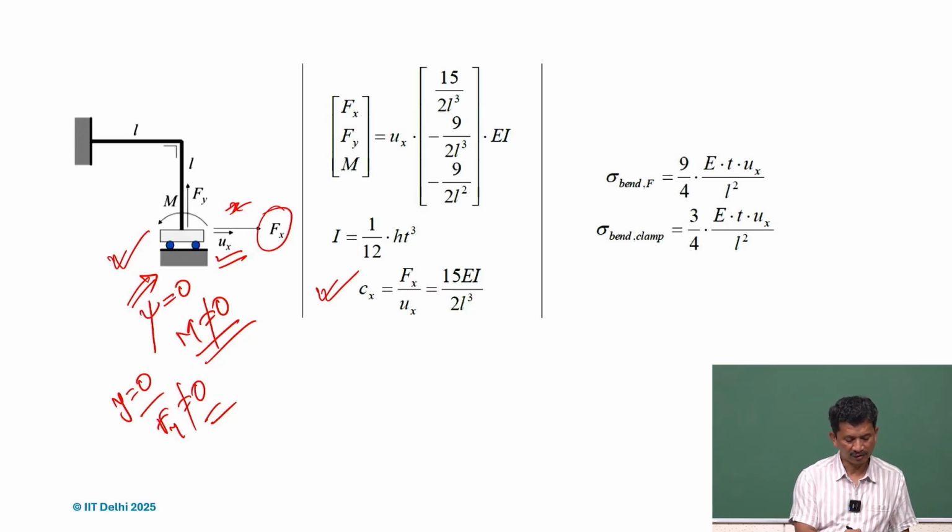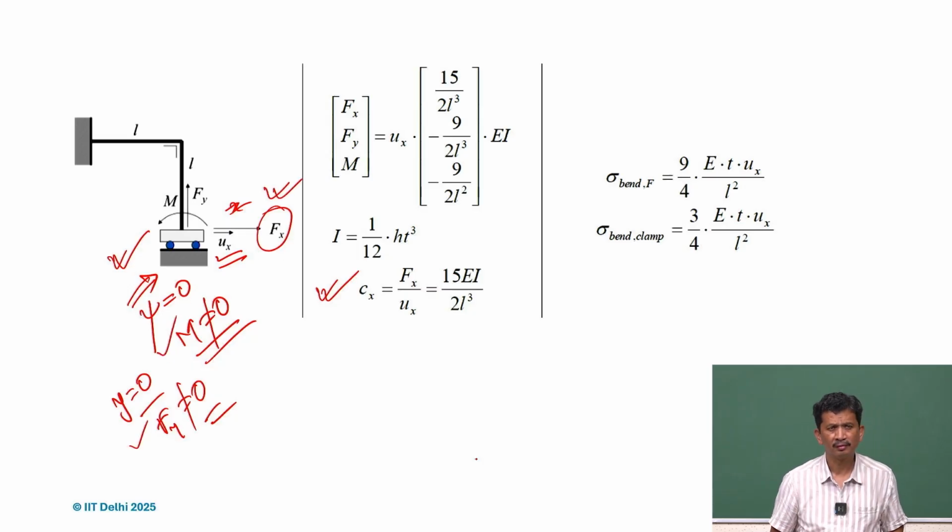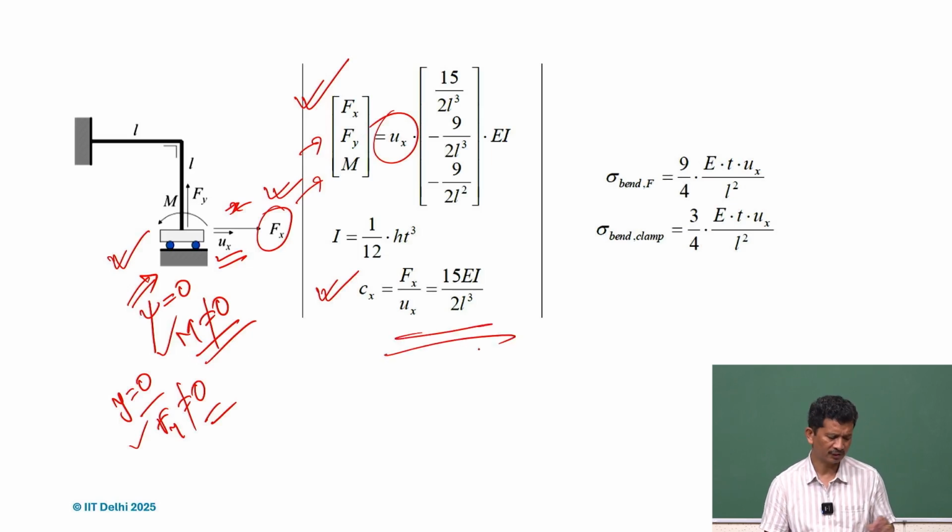If we are applying Fx, these are reaction forces, Fy and M, and those are the forces we are talking about. One is the actuation force, the other will be the reaction force. So Fy and M. The displacement is Ux, and when we do this, it gives the effective stiffness in the x direction.